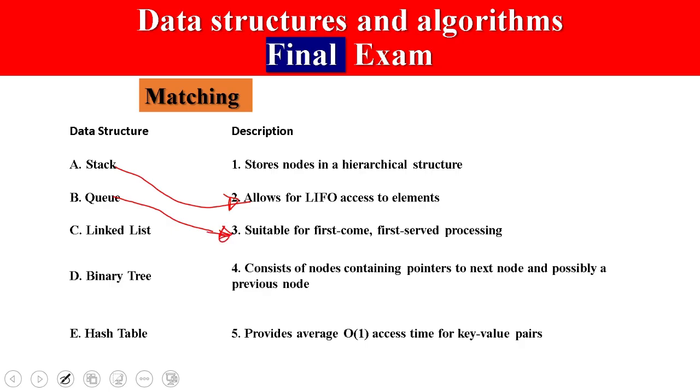Linked list consists of nodes containing a pointer to the next node and possibly the previous node, which is a double linked list. Binary tree stores nodes in a hierarchical structure. The hash table provides average time complexity of order 1 access time for key-value pairs.